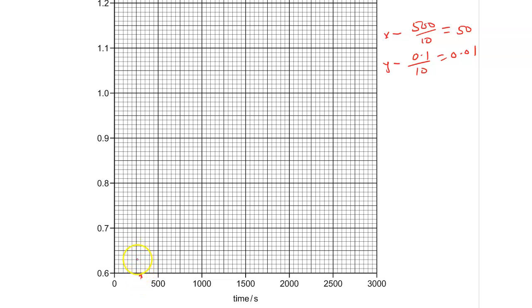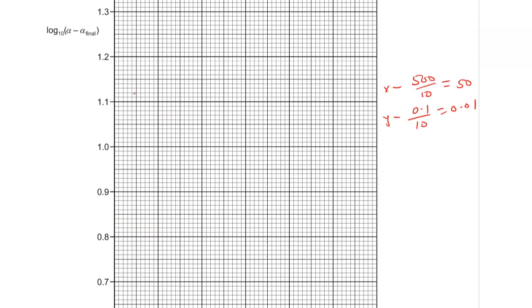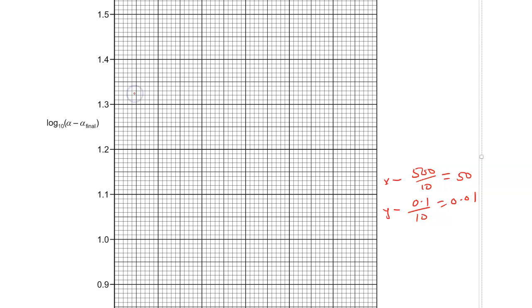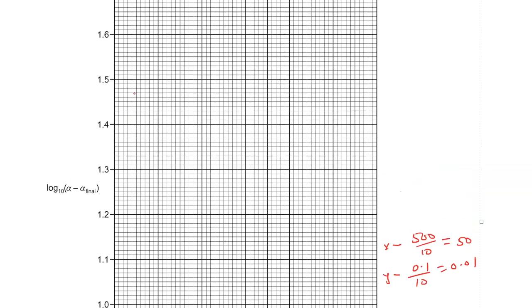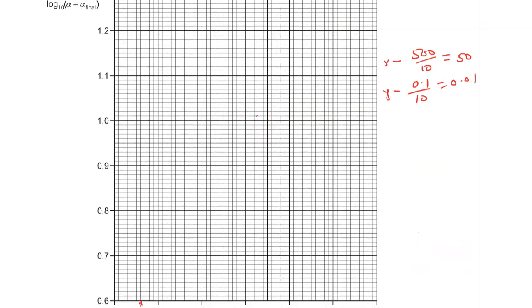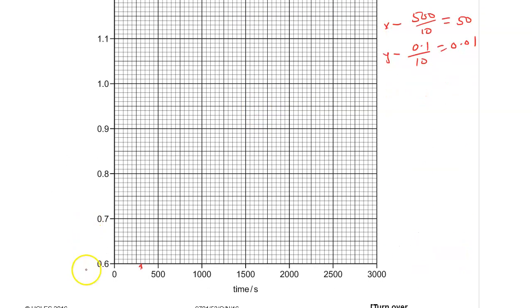300 against 1.61. So 1.61 is here, 300 is here, so 1.61 is right there. Then we have 600.